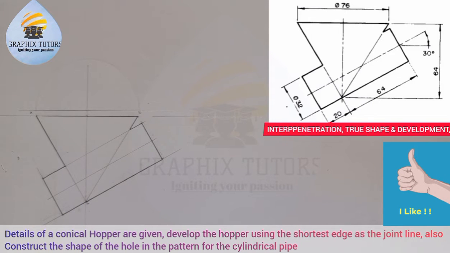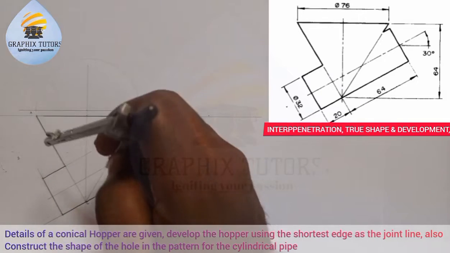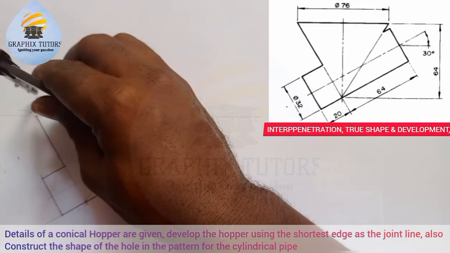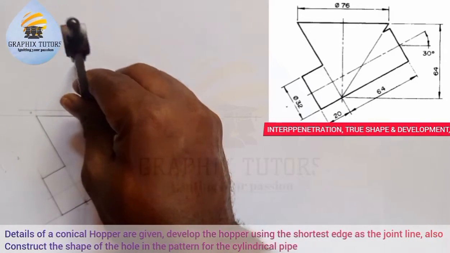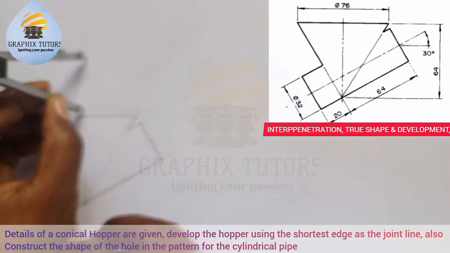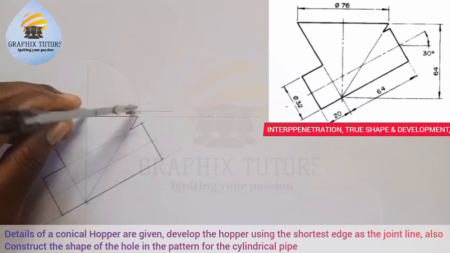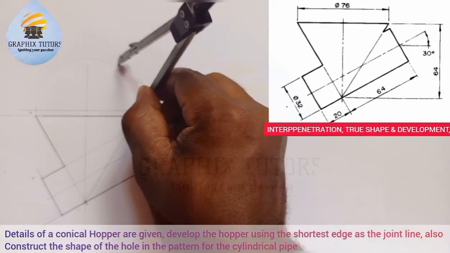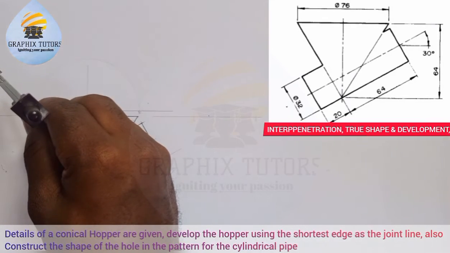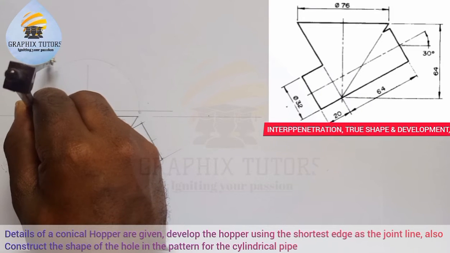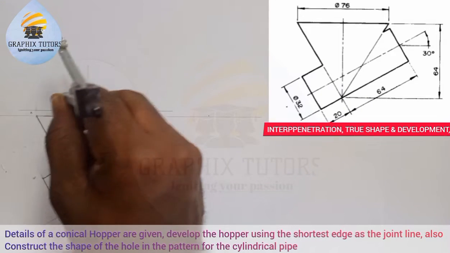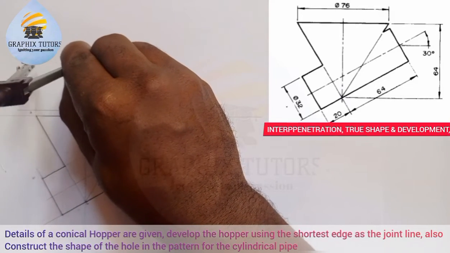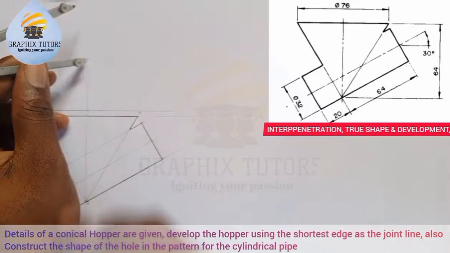Now, after doing that, with the same radius I used to draw this semicircle here, I will use it to divide the circle. So I'll place it at point B and strike an arc. I'll place it at point A and also strike another arc. Then I'll come to the center point here and strike towards the left and towards the right.